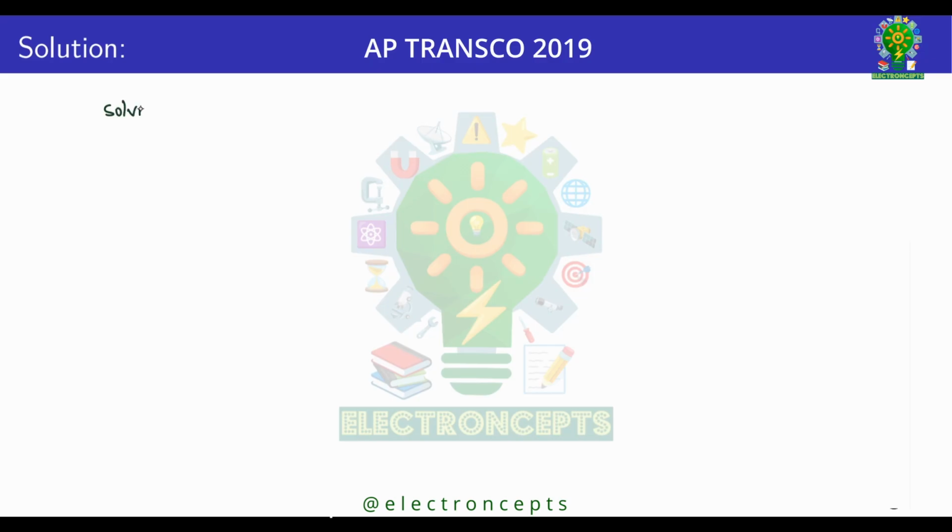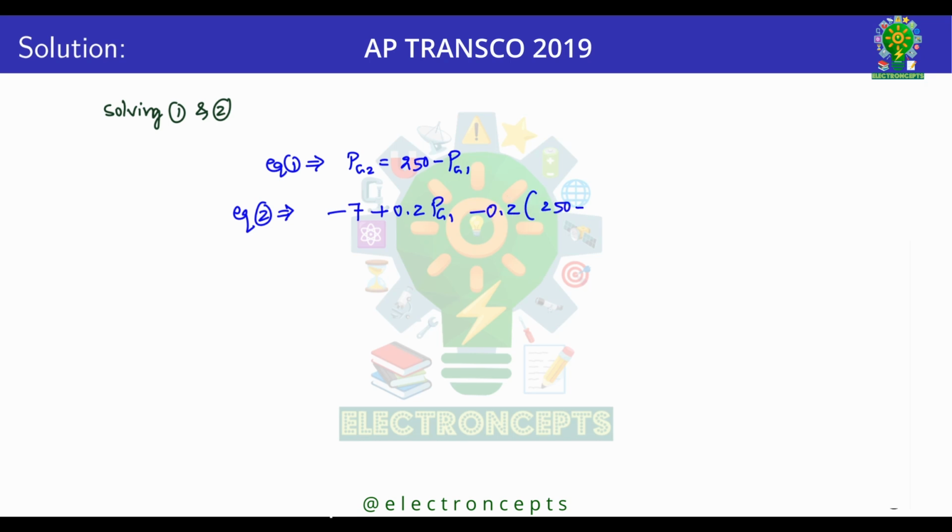Solving equations 1 and 2, from equation 1 we can write Pg2 is equal to 250 minus Pg1. Substituting this in equation 2, we get minus 7 plus 0.2 Pg1 minus 0.2, in place of Pg2, let us write 250 minus Pg1, equal to 0.